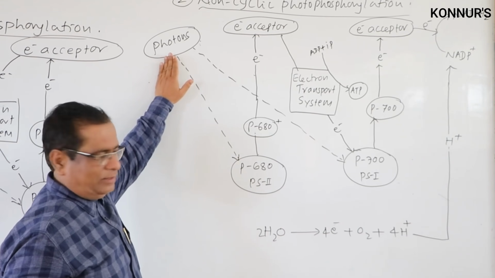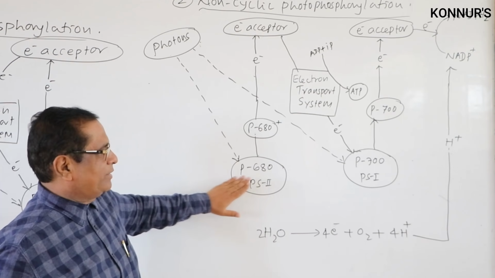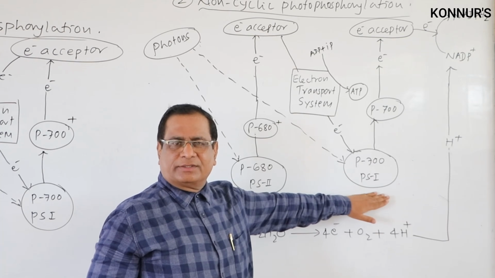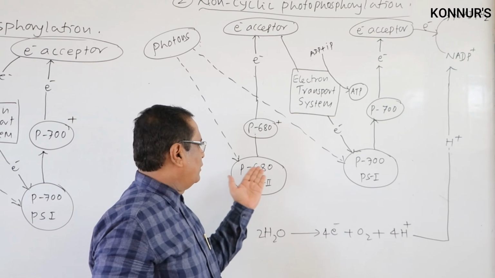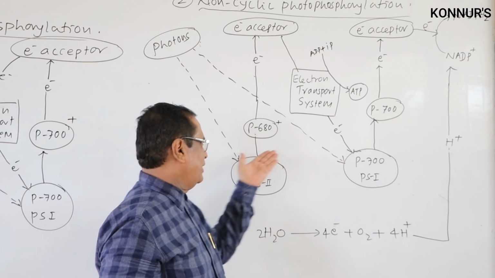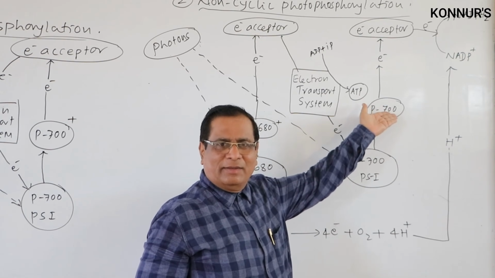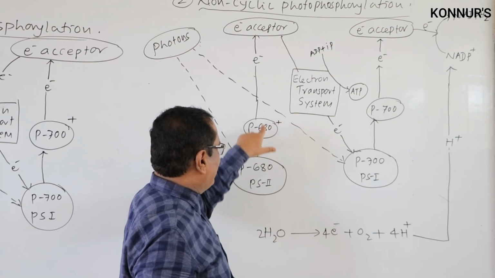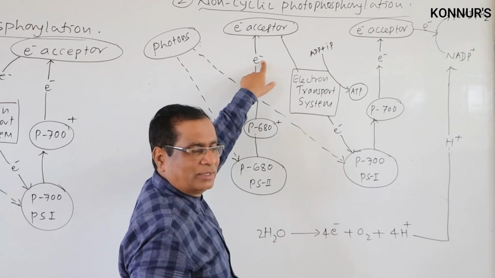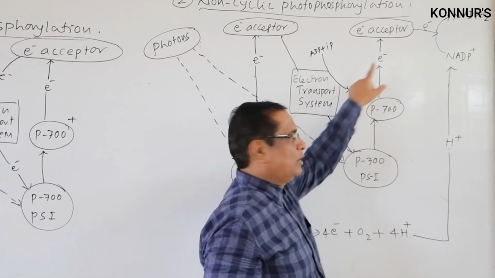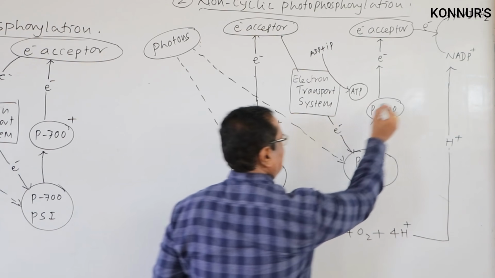When photons fall on photosystem second and photosystem first, simultaneously the chlorophyll molecules 680 and 700 go to a higher level. Once they go to a higher level, they eject the electron. Once the electron is ejected, they will be excited.